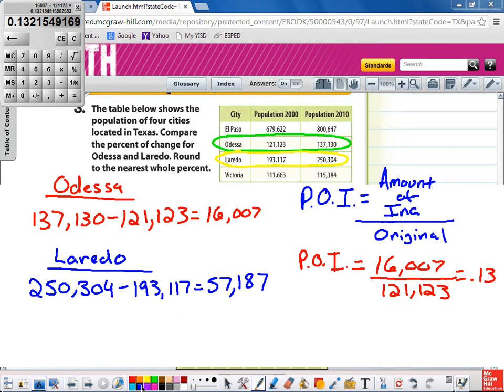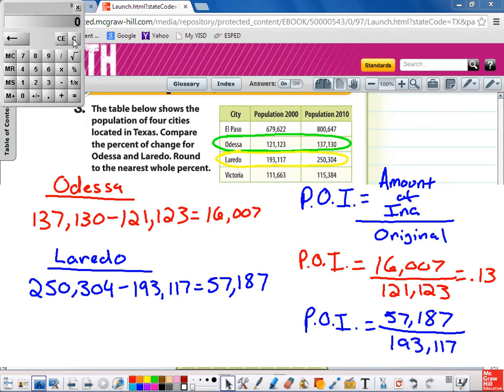Now for Laredo, I'm going to also find the percent of increase. My amount of increase was 57,187 over my original amount, which in the year 2000 was 193,117. So I'm going to go ahead and use my calculator.